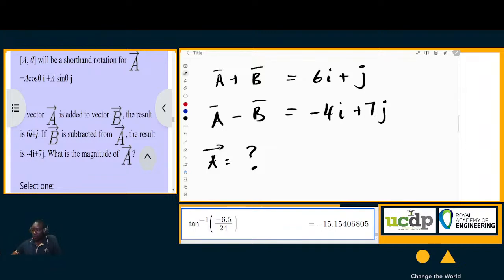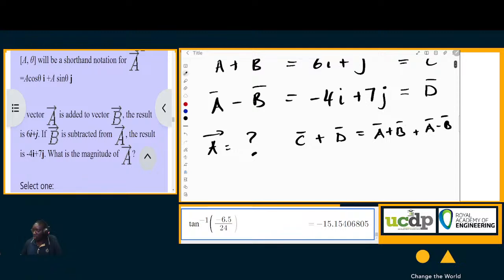In this case, if we add the two vector sums, let's say this gives us vector c, the resultant, and this gives us vector d. So if we add c plus d, that means we've got a plus b added to a minus b.